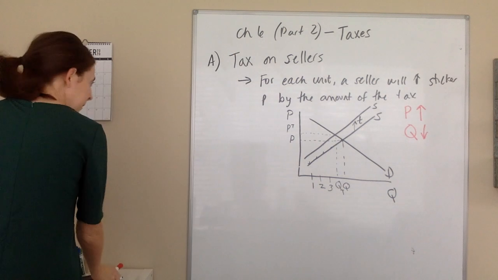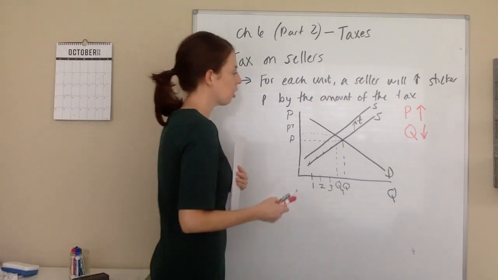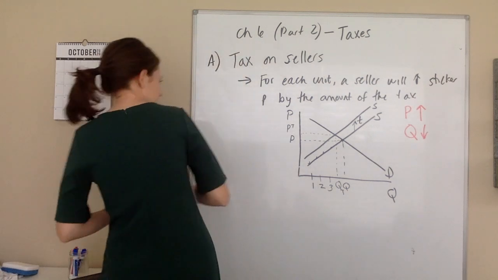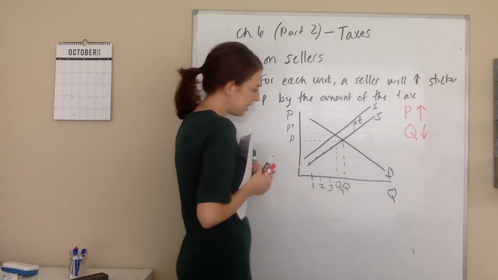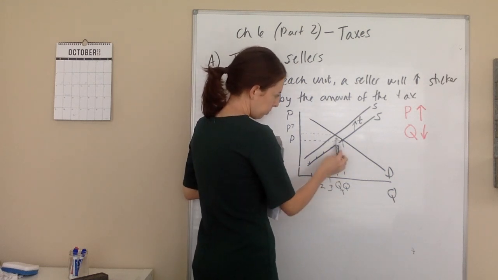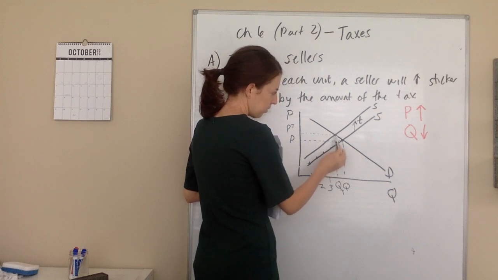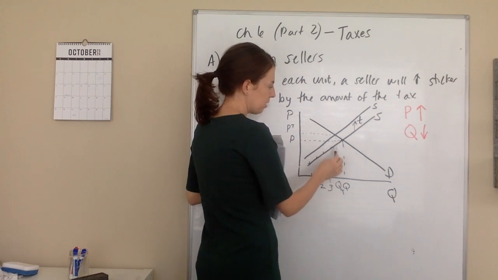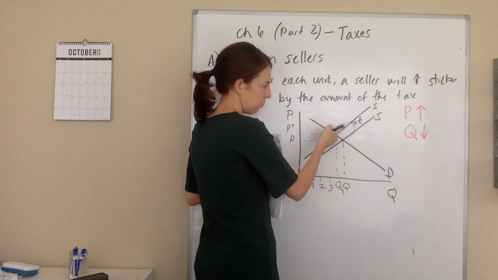So let me add to the existing picture. Let's think about this little segment right here, the distance between here and here. Okay, first of all, note that's equivalent to the amount of the tax, because the curve just moved up by the amount of the tax.